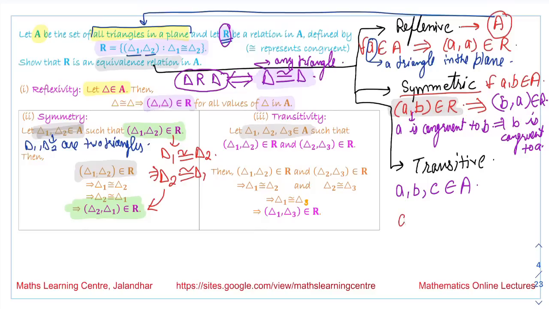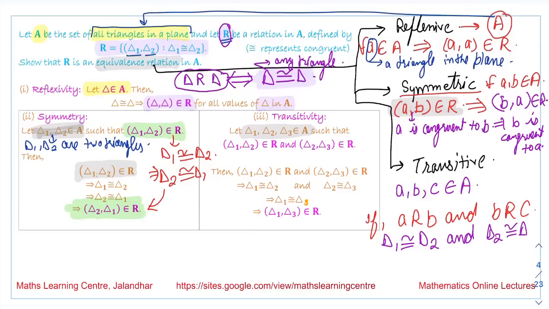What we have to prove is that if A is related to B and B is related to C, in this case delta 1 is congruent to delta 2 and delta 2 is congruent to delta 3, then we have to prove that A is related to C. And we know that if a triangle delta 1 is congruent to delta 2 and a triangle delta 2 is congruent to delta 3, then delta 1 will be congruent to delta 3.